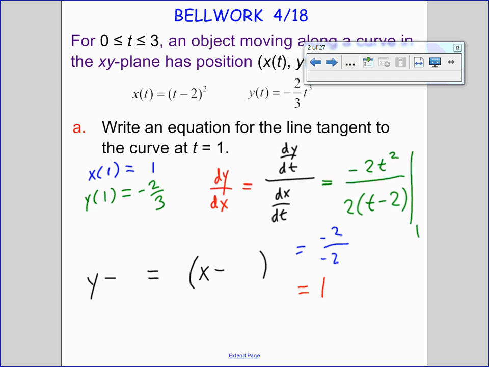We'll simply replace our y sub 1 with the green 2/3, so y plus 2/3, our slope with the red 1, and our x coordinate with the blue 1. And we could make that look much prettier. We could do y equals x minus 1 and minus 2/3, so minus 5/3, if we wanted to. Y equals x minus 5/3.